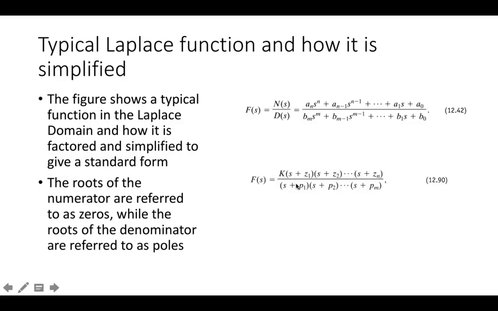And the numerator and denominator are then both factored. So with a polynomial, when you factor it, you have 3 possibilities. One is that you will get a real root, a unique real root, so s plus a. The other is that you'll get a repeated real root, so something like s plus a quantity squared.